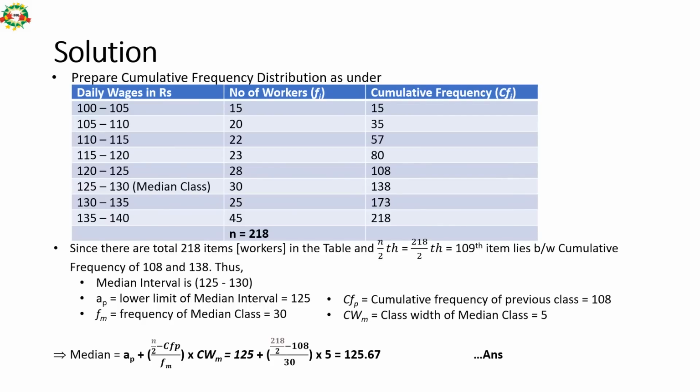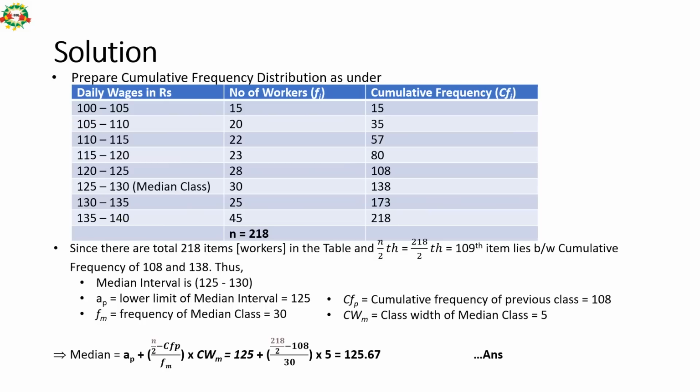So daily wages. Let us first prepare the cumulative frequency distribution with the data given in the question. This is the class, the number of workers, and this is the cumulative frequency.